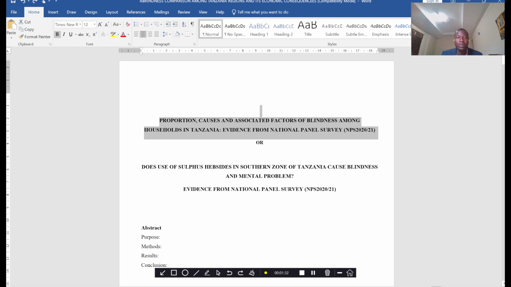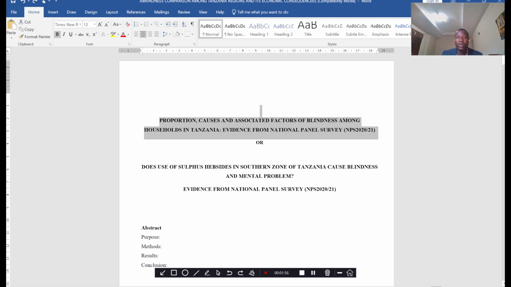This title can also be read another way. These are two different titles, but the steps of analysis are the same. The second is: does the use of sulfur herbicides in the southern zones of Tanzania cause blindness and mental problems?